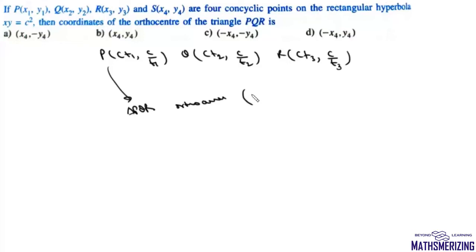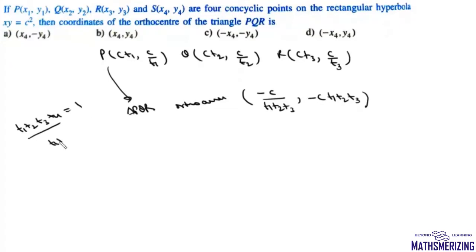is given by minus C T1, T2, T3, comma, minus C upon T1, T2, T3. And we have also studied the result that when circle and hyperbola intersect at concyclic points, then T1, T2, T3, T4 is 1.